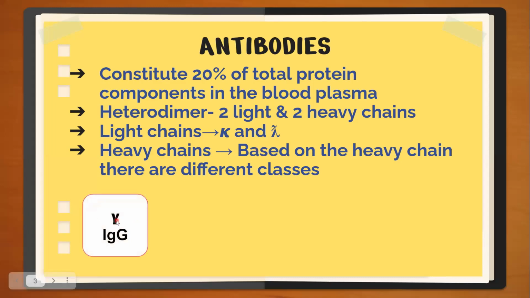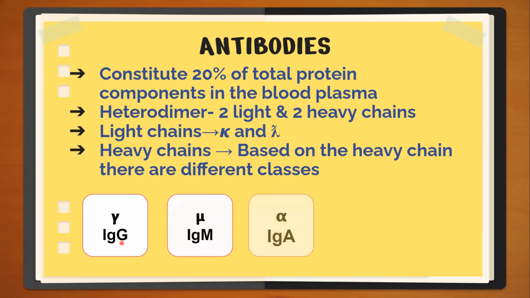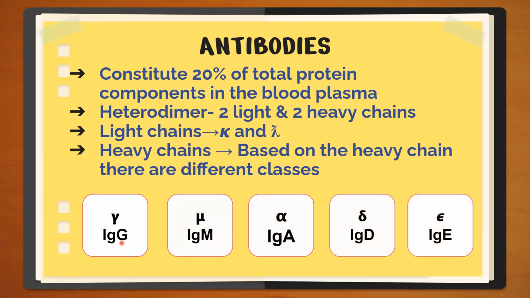Those antibodies that have the gamma heavy chain are said to be IgG, the mu chain IgM, the alpha chain IgA, the delta chain IgD, and the epsilon chain IgE. So these are the 5 different classes. Remember henceforth, if they ask you a question, the classes of antibodies are based on, yes, the different heavy chains.